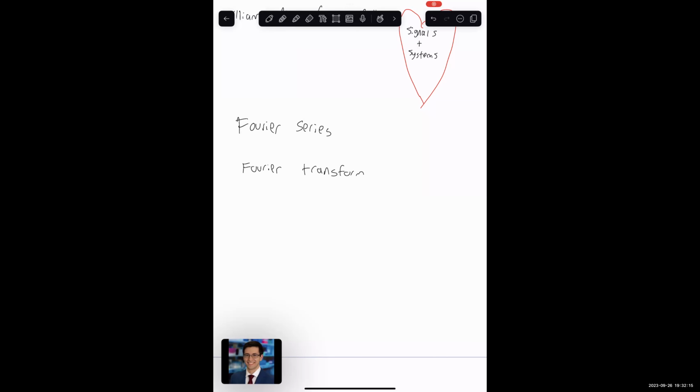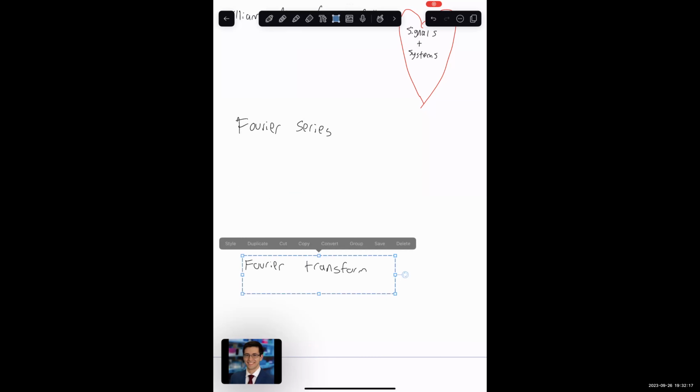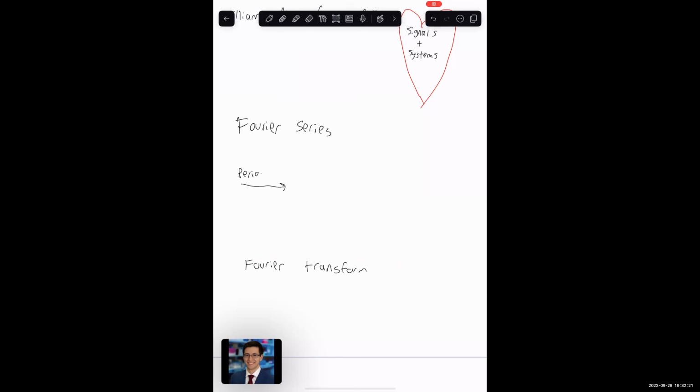So for the Fourier series, what you guys saw is we have a periodic signal, right? And then we're able to put it through this black box, and as output, we get a series of sines and cosines.